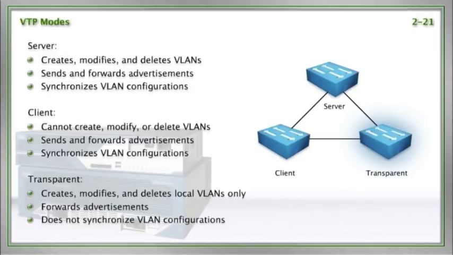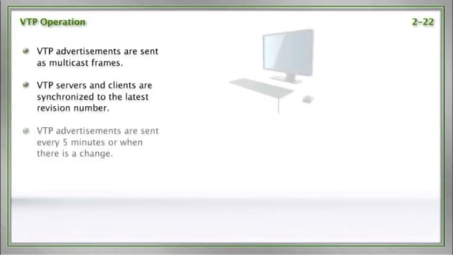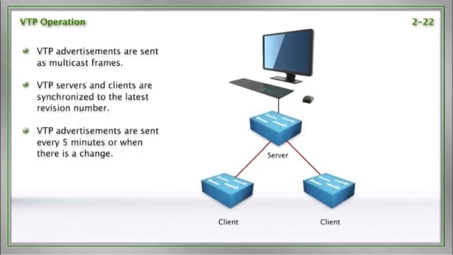By the way, VTP operates with a simple configuration revision number type of approach. So what you have here is like the server will have a new VLAN added to it. So the configuration revision number will bump from, let's say, 3 to 4.